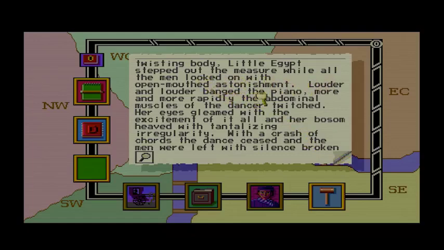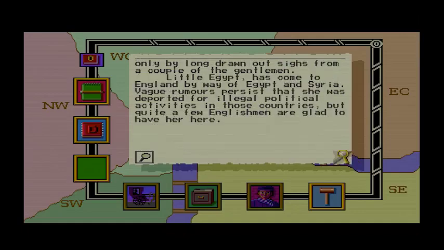Louder and louder banged the piano, more and more rapidly the abdominal muscles of the dancer twitched, her eyes gleamed with the excitement of it all, and her bosom heaved with tantalizing irregularity. With a crash of the chords, the dance ceased, and the men were left with silence broken only by long-drawn-out sighs from a couple of the gentlemen.